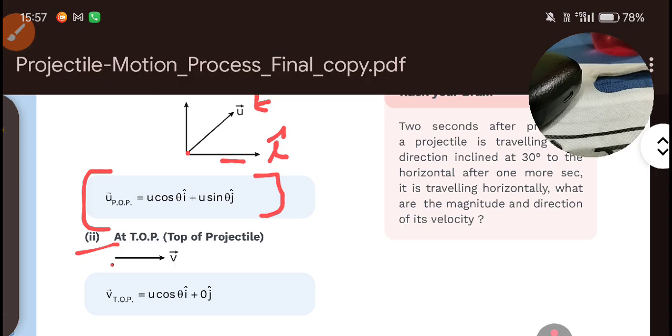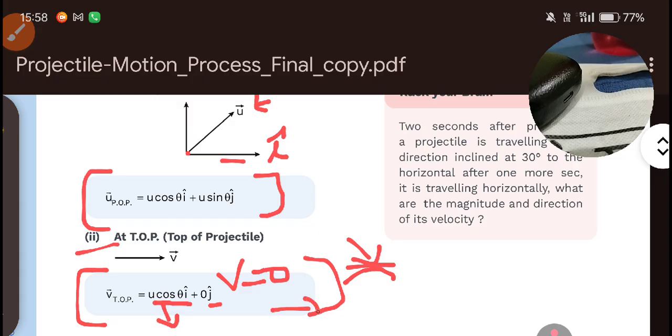Second, at the TOP, top of a projectile, this V is going to be fixed u cos theta, plus 0. Here the velocity along the y-axis will become 0, but the velocity along the x-axis will be constant.